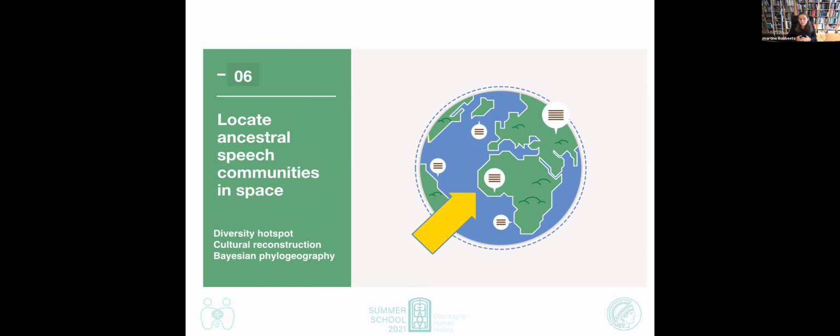And then more recently, we see also Bayesian phylogeography, which models language expansion over time using a phylogenetic tree as a backbone, and using a distribution rate at which languages change location.